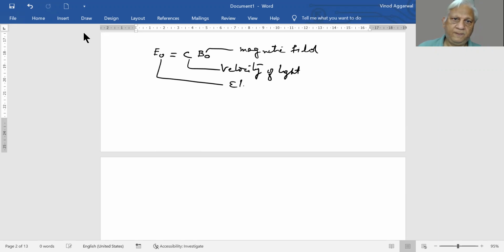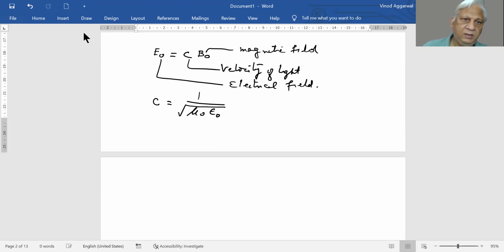This is the electrical field. Besides this, there's another relationship, which is velocity of light is expressed as 1 over mu naught into epsilon naught under the root. These are two relationships. One is this and one is this.